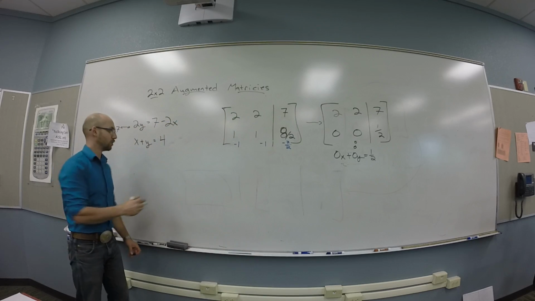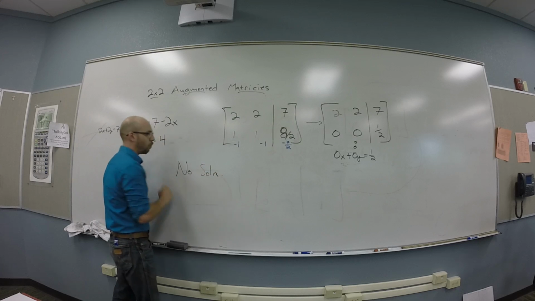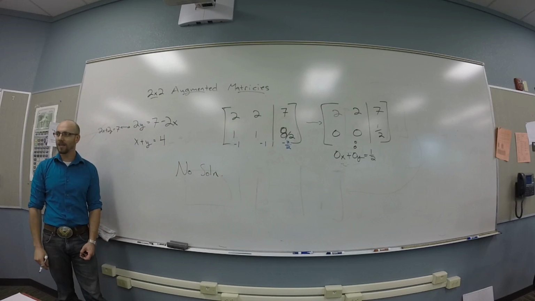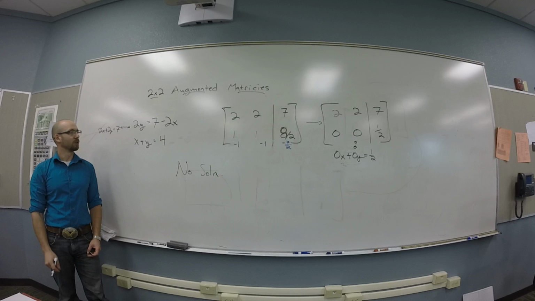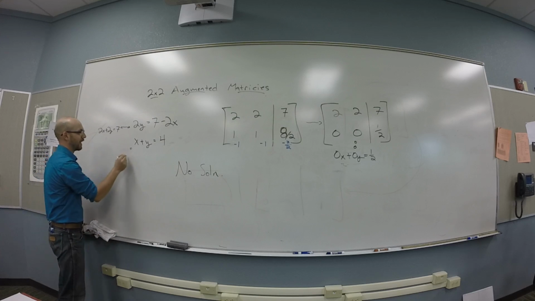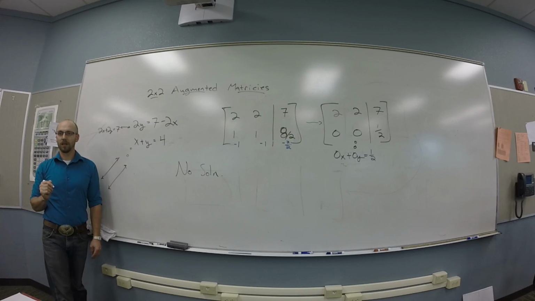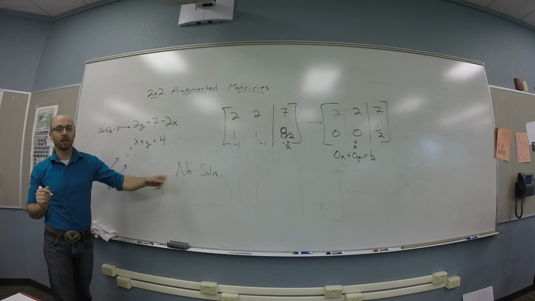Yeah, there's no solution, right? Okay, when and why did that happen? There were two lines, and they don't intersect anywhere. They're parallel and different. You guys with me on that? Okay, so that's the no solution case.